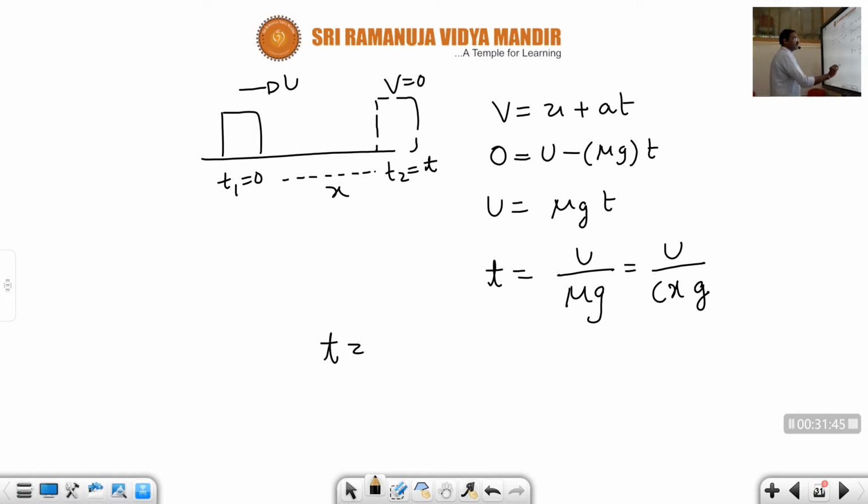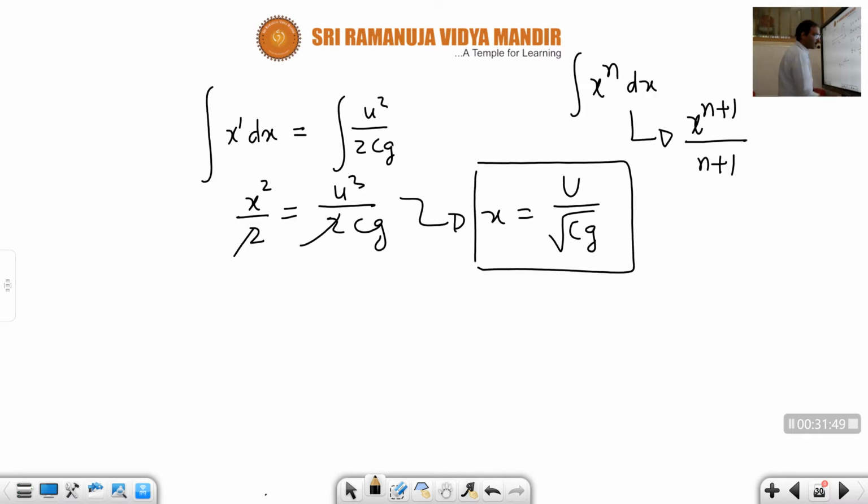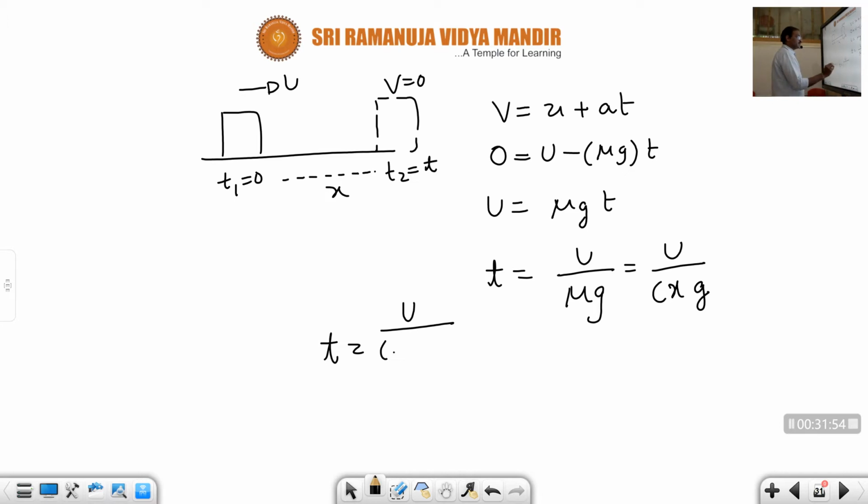Therefore time t is equal to u by μg, and here we already proved x is equal to u by root cg. That means I can put it as c into u by root cg into g. Then u and u cancel.